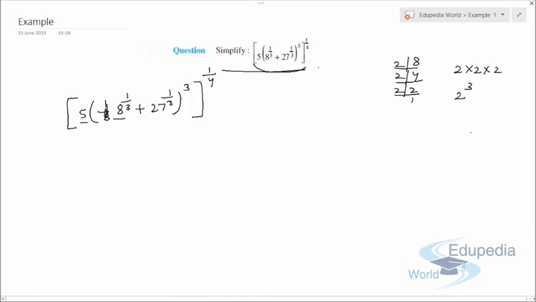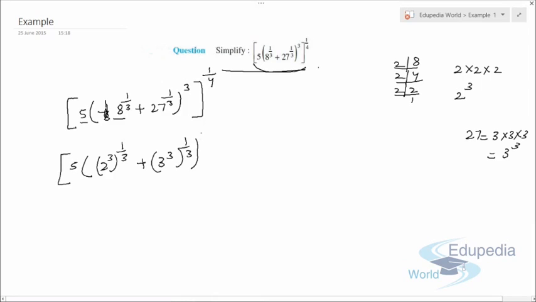Similarly, 27 we can write as 3 into 3 into 3, which is 3 raised to power 3. So this can be written as 5 into 2 raised to power 3 raised to power 1 by 3 plus 3 raised to power 3 into 1 by 3, bracket close power 3 and again bracket close power 1 by 4.